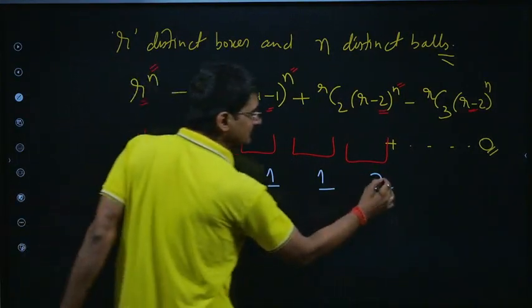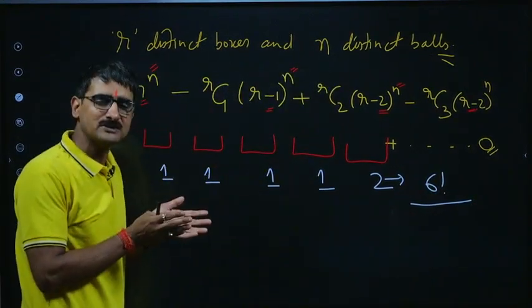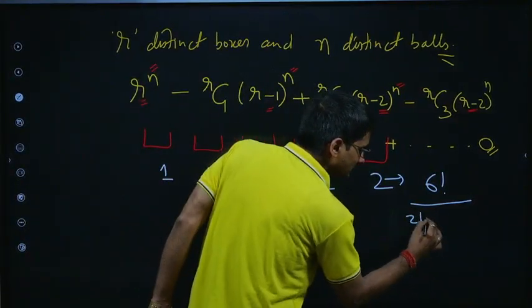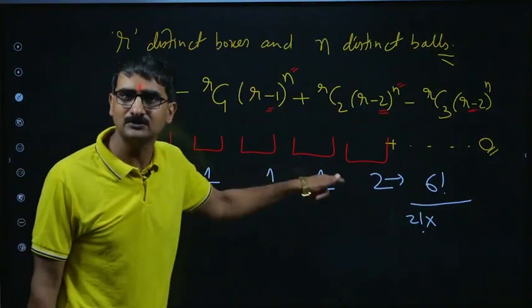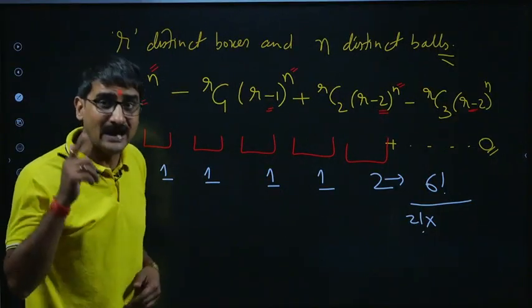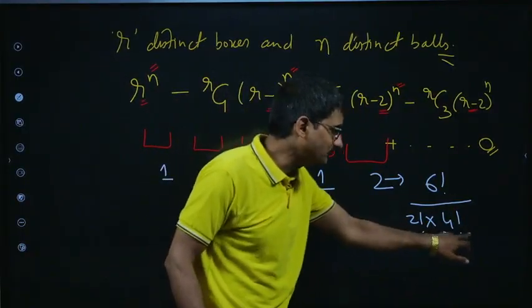In how many ways can you form such groups? The formula for grouping is the total number of objects factorial divided by the factorial of each number in every group. So 6 factorial upon 2 factorial, 1 factorial, 1 factorial, 1 factorial, 1 factorial, which is always 1, and divided by 4 factorial. Why this 4 factorial?